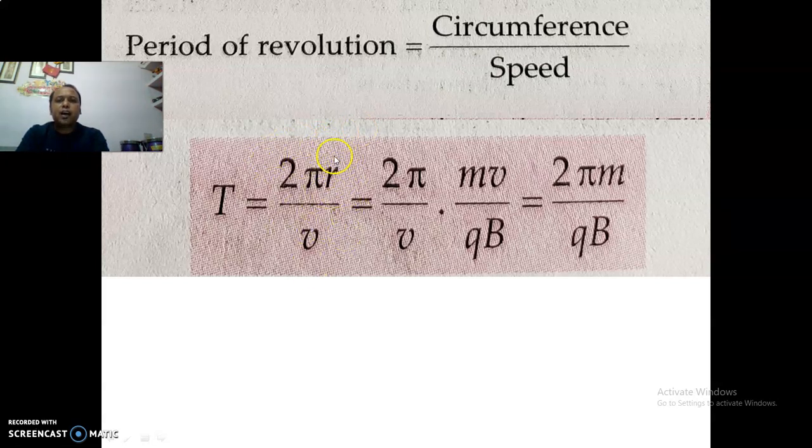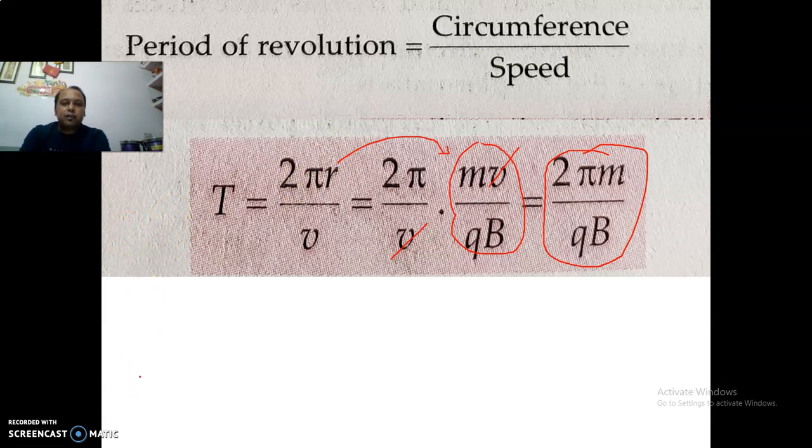The value of r we have already calculated, which is m v by q B. We put the value of r here, and finally you can see v and this v will cancel out, and we are left with 2 pi m by q B. So this is the value of time period.